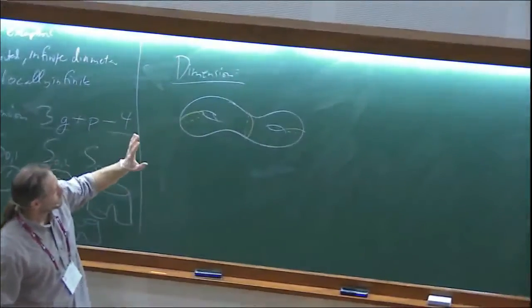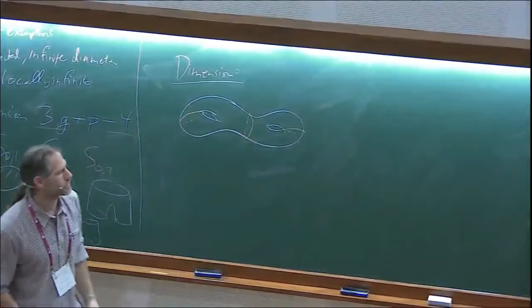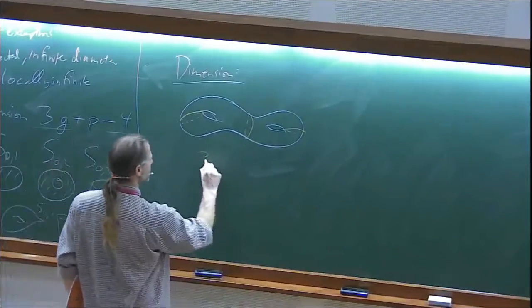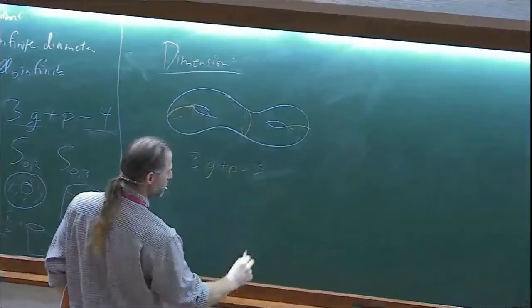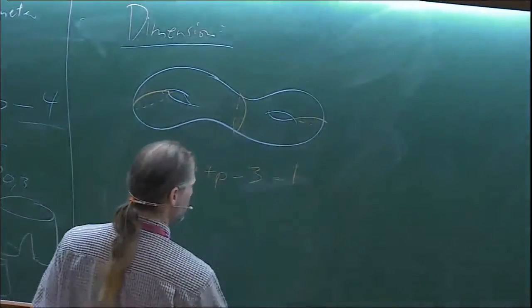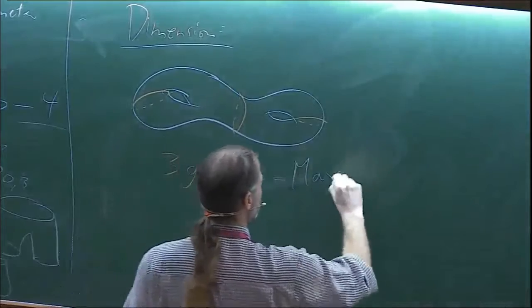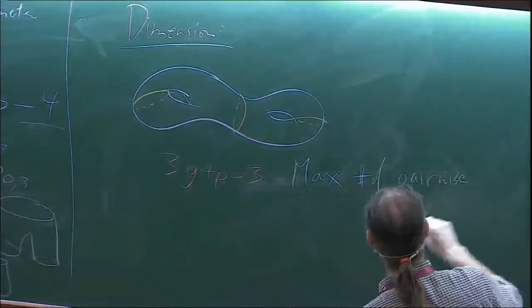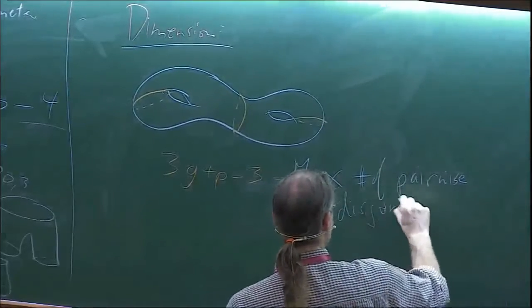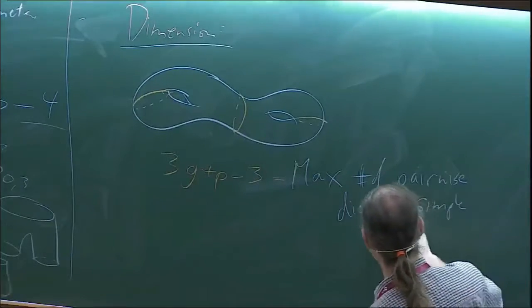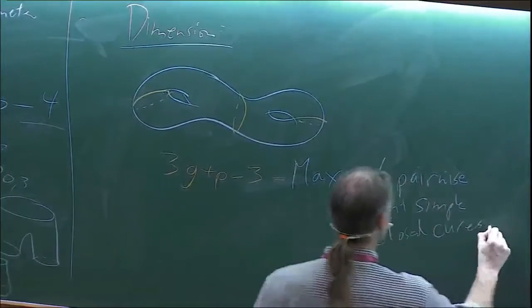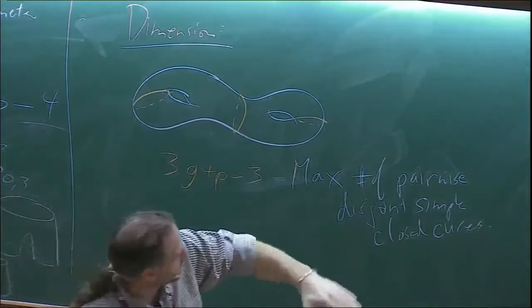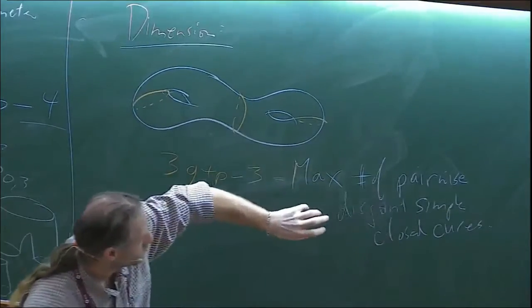And so it turns out that this is a maximal collection of simple closed curves, and this number, 3g plus p minus 3, is equal to the max number of pairwise disjoint simple closed curves. That was the way I defined my cells, to be some number of simple closed curves.